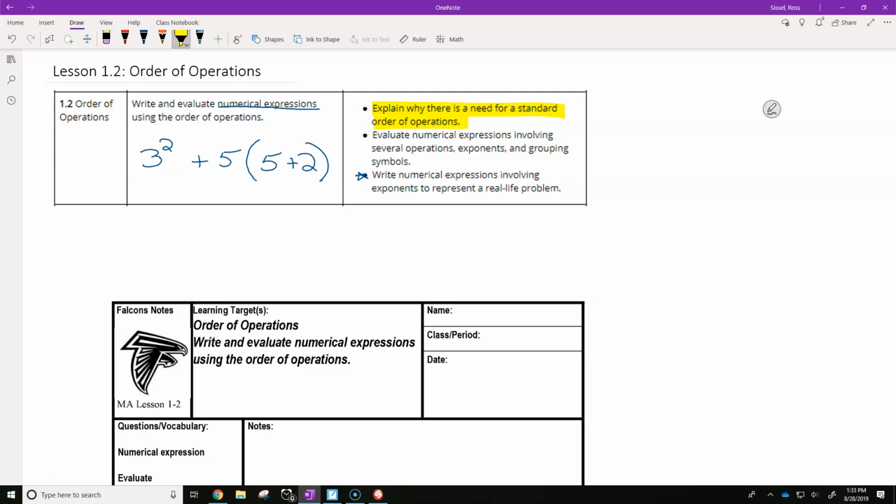Right now, we are going to focus on evaluate numerical expressions involving several operations, exponents, and grouping symbols. All that means, if we break it down, evaluate means to solve. Numerical expressions, an equation with numbers. So solve a problem that has parentheses or exponents or brackets. It's simple.